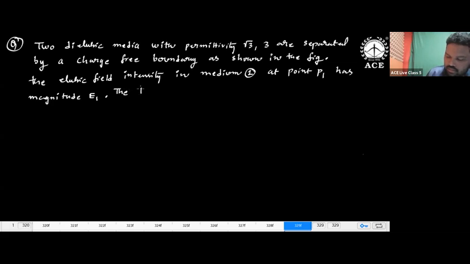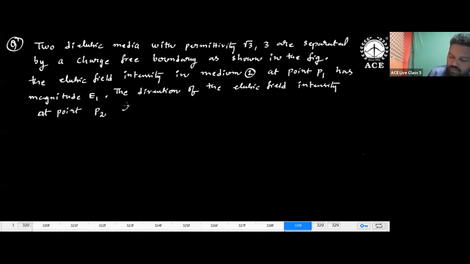The direction of the electric field intensity at point P2 is alpha 2, where alpha 1 is equal to 60 degrees.